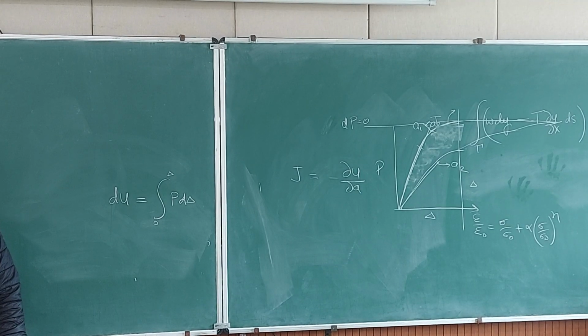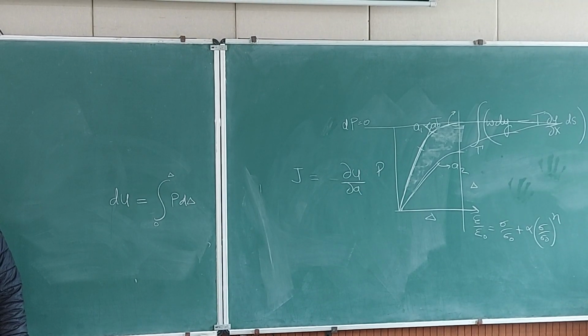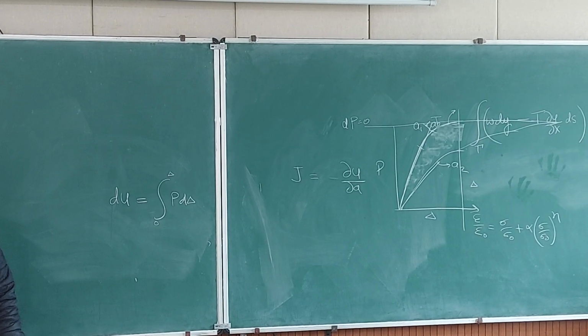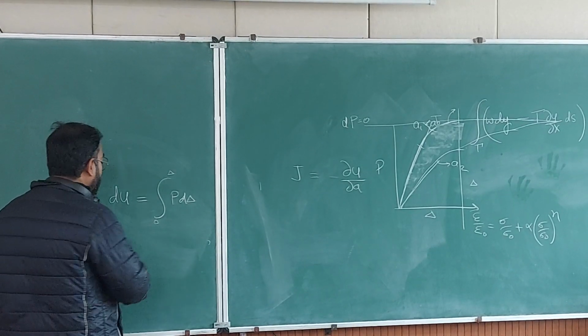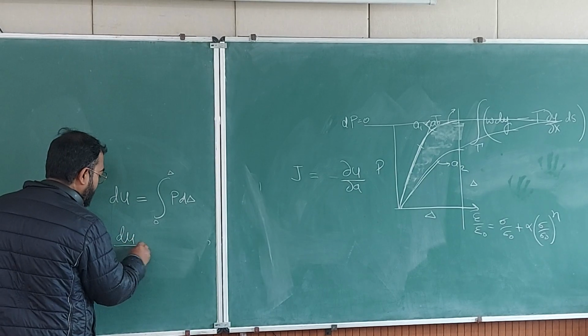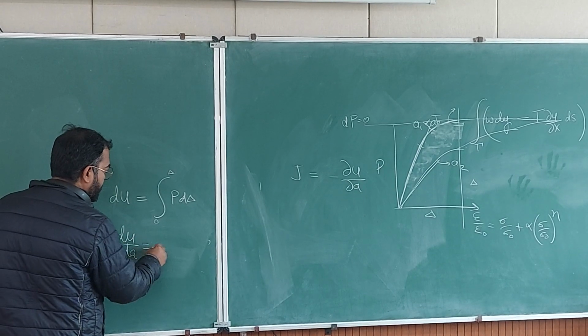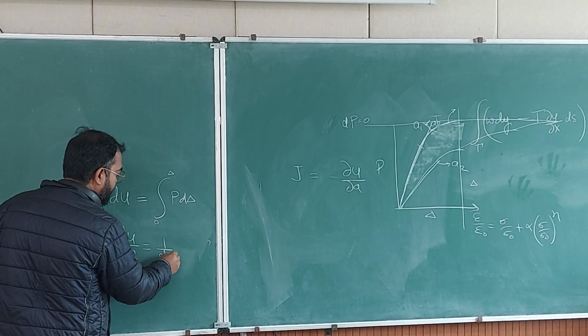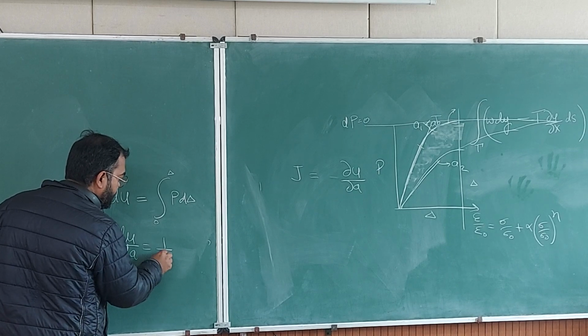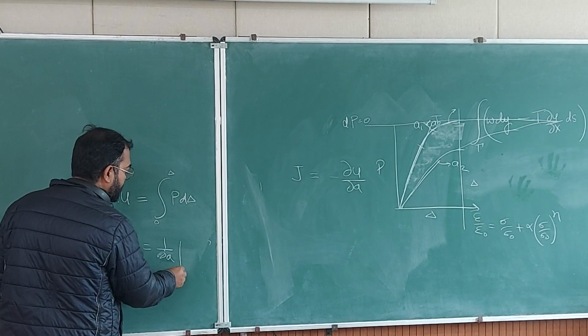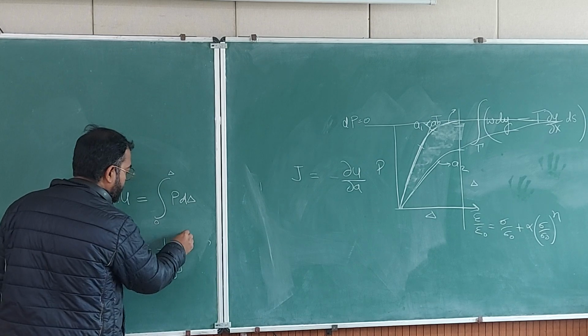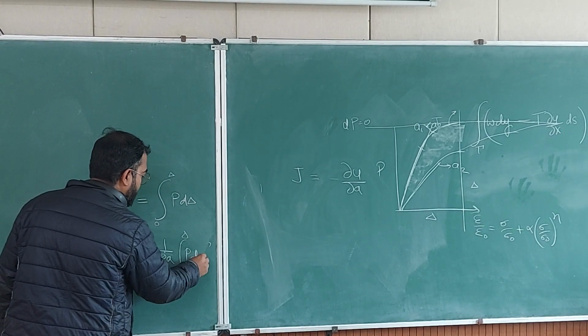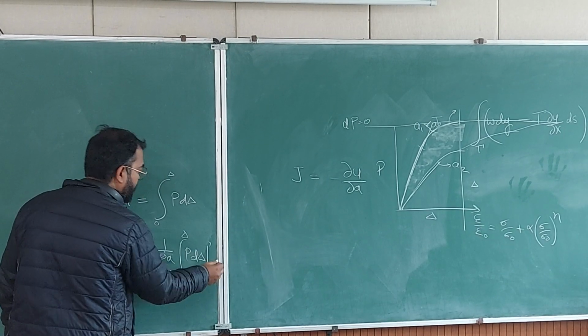Because you will have different forces for different values, right? So what will be dU by dA? You will simply have 1 by dA or 1 by delta A into the integration of P d delta, and this is for constant force.